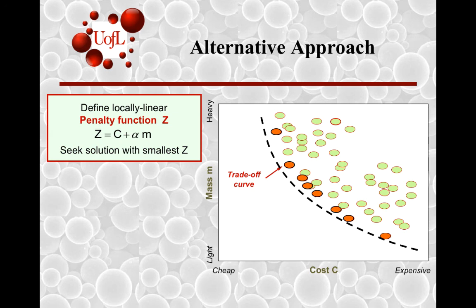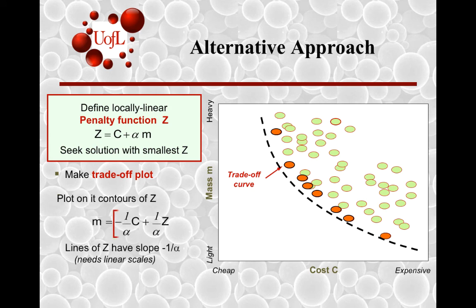Alternatively, you can use a penalty function z, where you look at a combination of mass versus cost, where you want to minimize cost and you want to minimize mass. How do you go about doing that? This will be a concept for a later date.